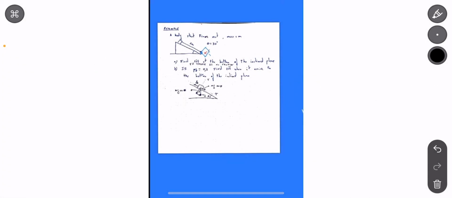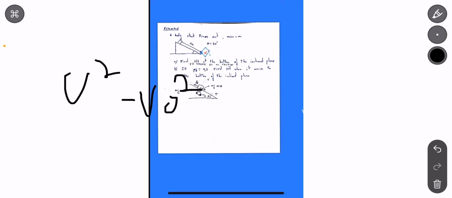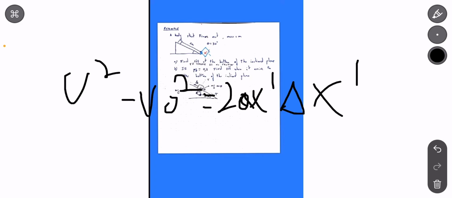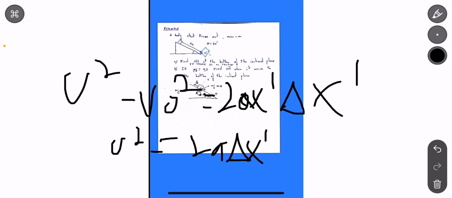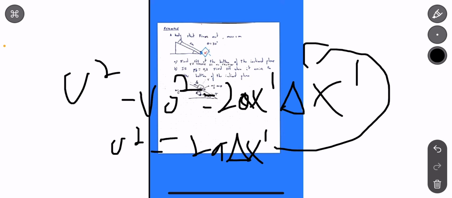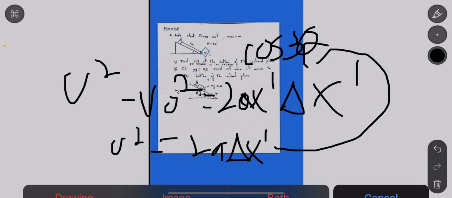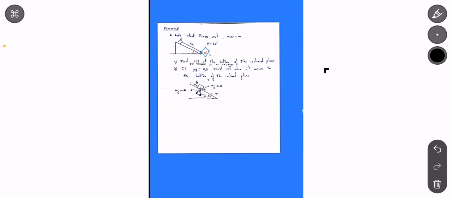We have another equation we can input, which is v squared minus v initial squared equals 2a delta x1, and we plug it in again. It breaks down into 2a delta x1, which goes into our original problem, and eventually, when we plug those numbers in, our final answer will be 3 m.